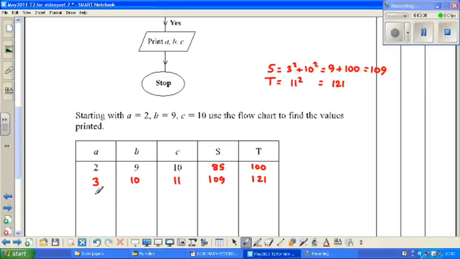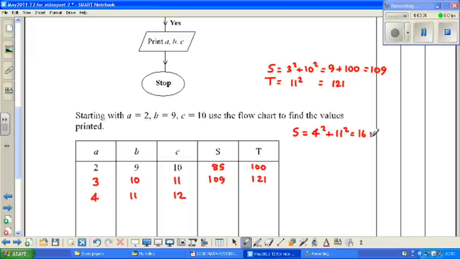and add 1 to each of the numbers. So it's going to be 4, 11 and 12. Again, we go through this calculation, where S is equal to A squared, which is 4 squared, plus B squared. This time B has gone up to 11 squared.